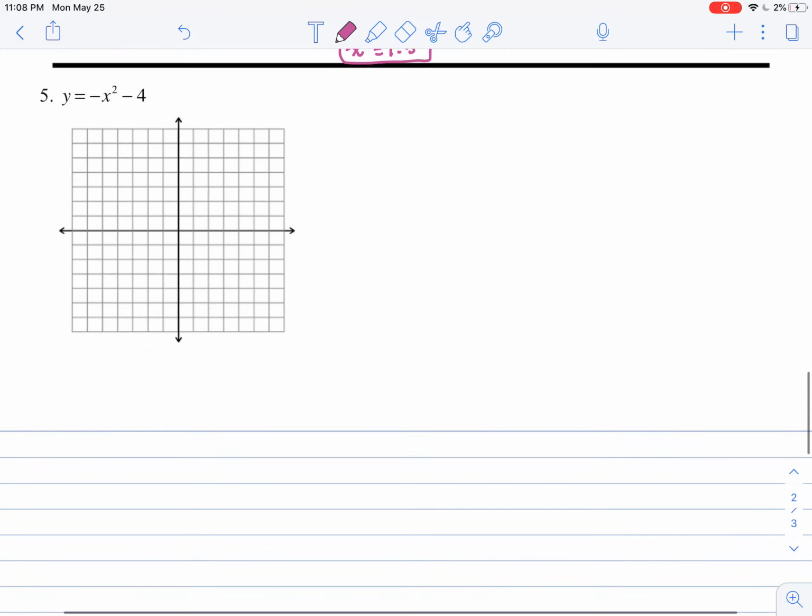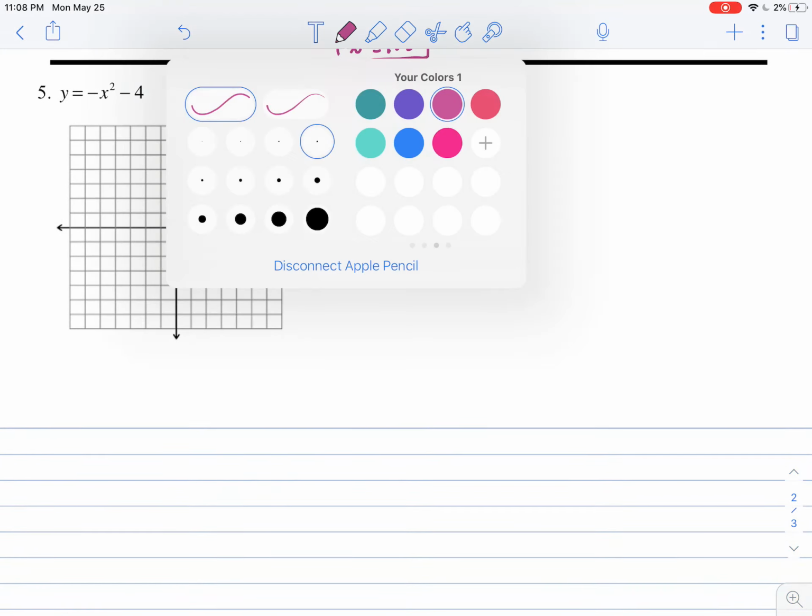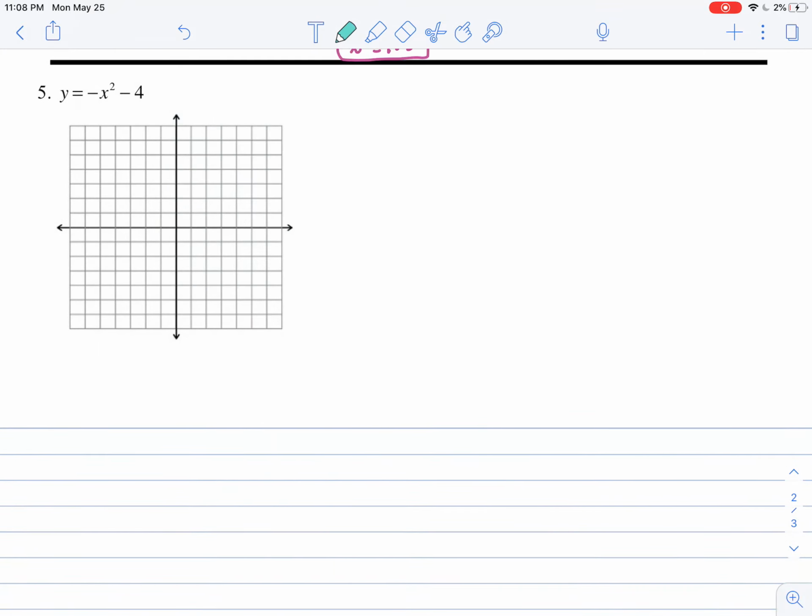Okay, one more example. So question number 5, again, we have our quadratic we're going to graph. And to do that, we always start by picking out A, B, and C. A is the value in front of x squared. So here A is negative 1. B is the number in front of the plain old x.